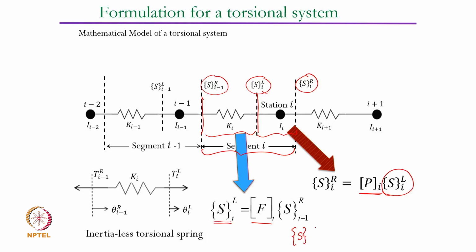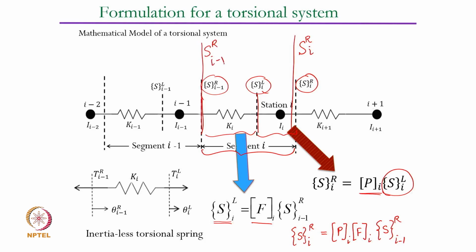I will get the state vector on the right of the ith segment, SRi, related to SRi minus 1. So the entire segment is now related through the end state vectors. This is what I have.